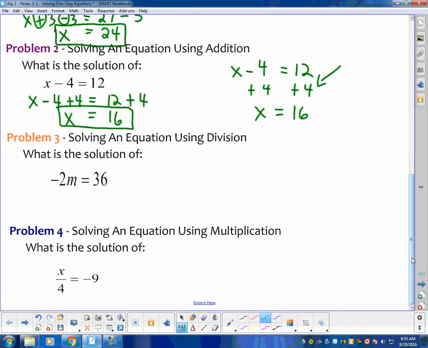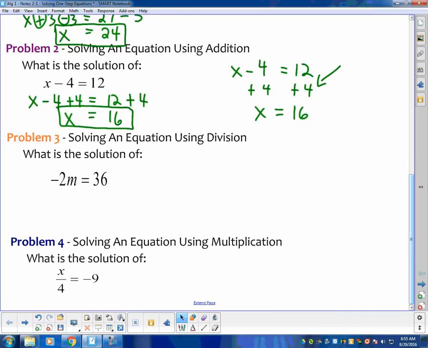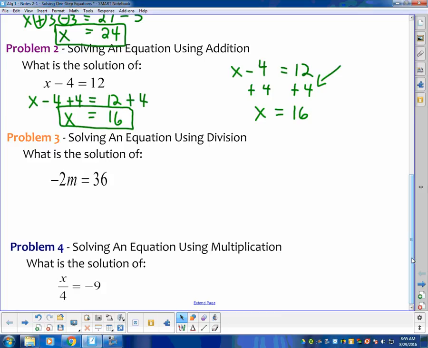All right, problem number 3. It says negative 2m equals 36. If I were to read this, it says negative 2 times m equals 36. The inverse operation of multiplying negative 2 by m would be to divide by negative 2 on each side. So 36 divided by negative 2.